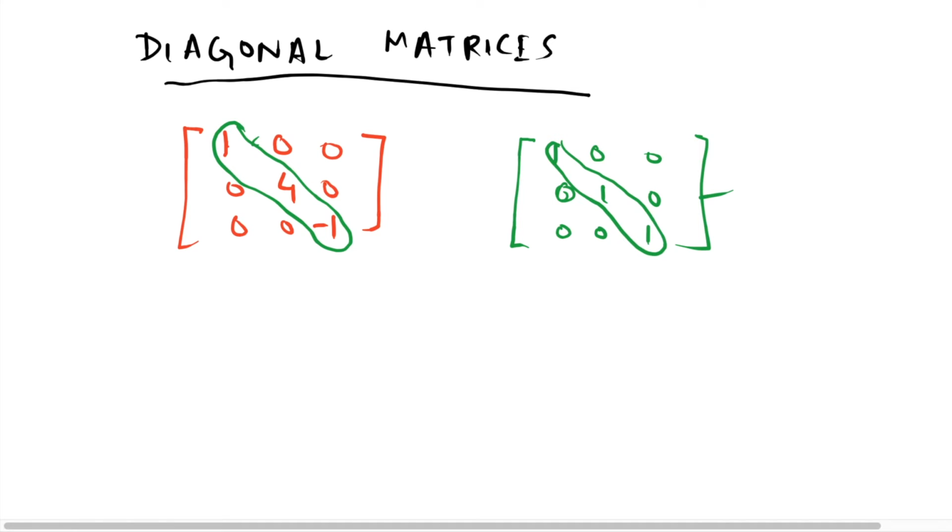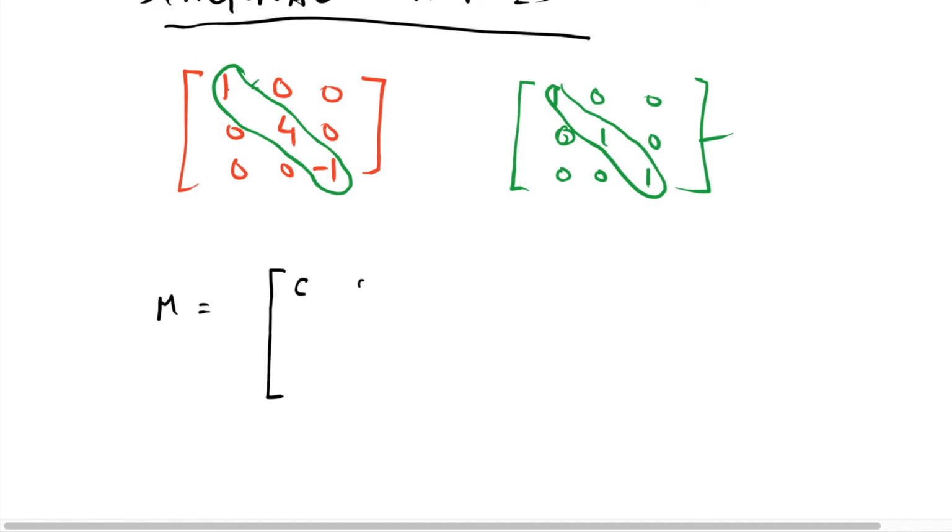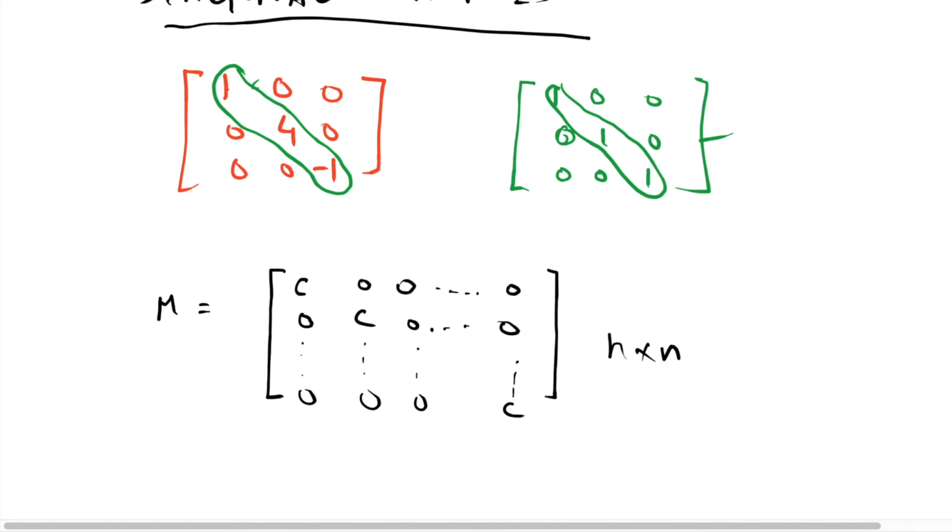A diagonal matrix whose entries on the main diagonal are all equal is known as a scalar matrix. Say M equal to C, 0, 0, and let this be an n by n matrix. So C, 0, 0, and then 0, C, 0, and then we have zeros all the way, and so this is an n by n matrix.